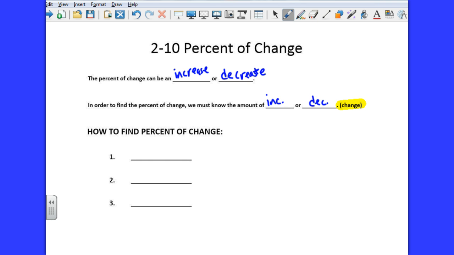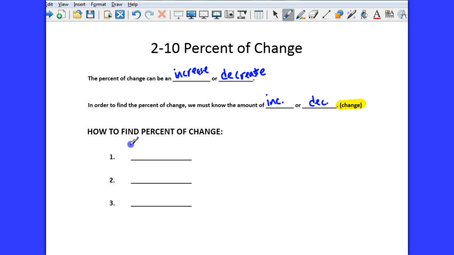So you have something whose value changes some way, and we're going to calculate that. This is extremely valuable, particularly if you end up working with money and analyzing if certain investments have done well for you. This is how you do that, and it's really pretty simple. It's basically three steps.